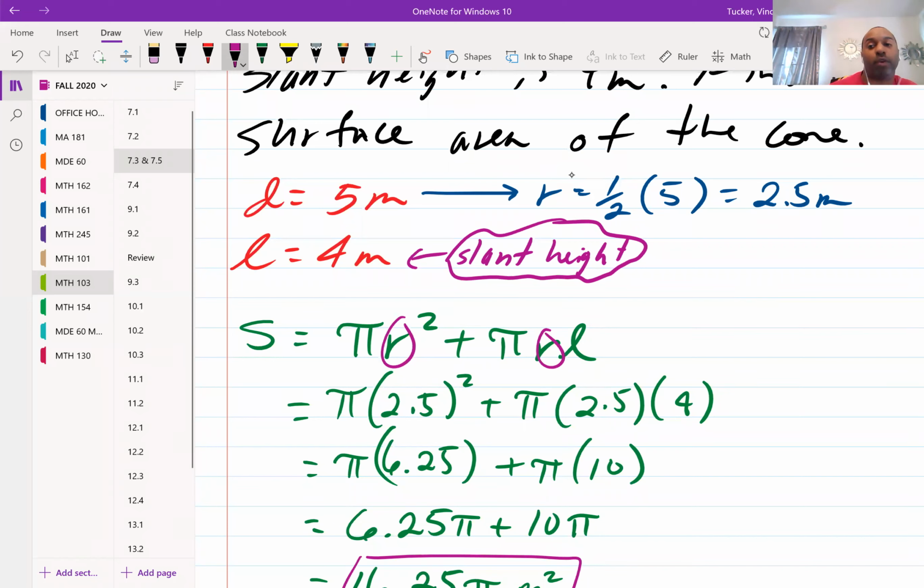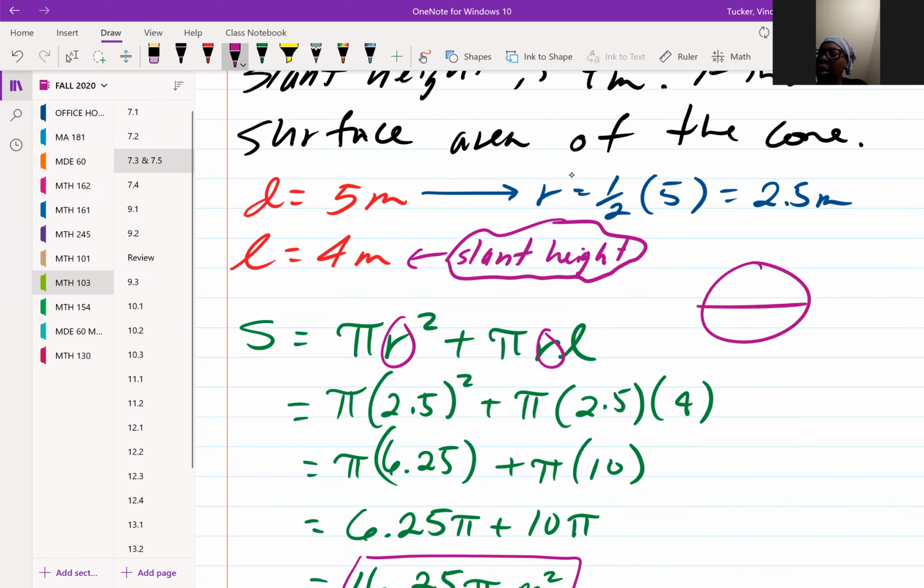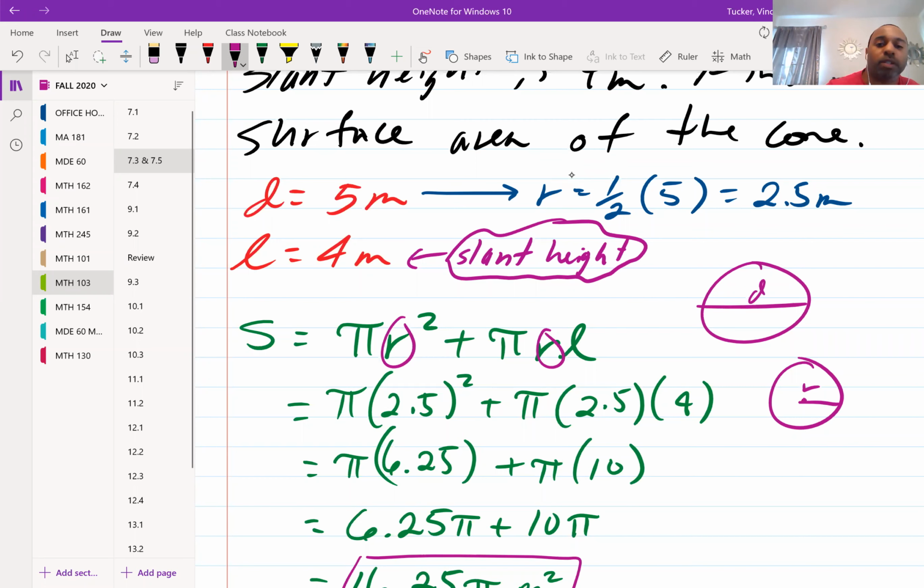Now, if they gave us the radius from the beginning, let's say the radius was 5, then we would have just used the 5. It just depends on what information they give you from the beginning, and that dictates whether you divide by 2 or not. All right. Thank you. No problem.